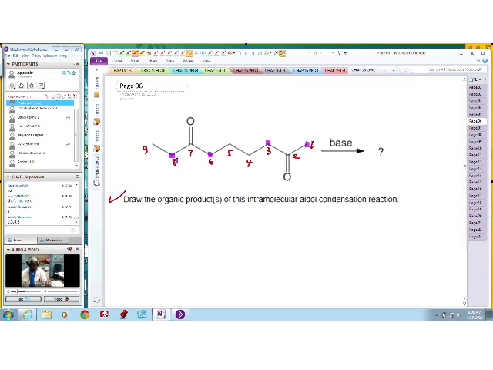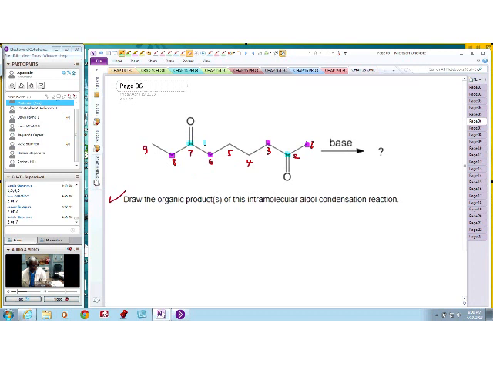And of course, which will be your electrophilic carbon? Okay, 7 and 2, exactly. So your electrophilic carbon will be 7 and 2. So you could do all kinds of combinations here.